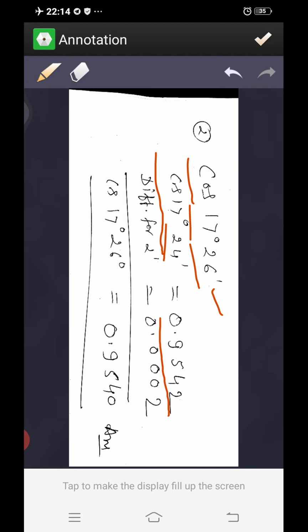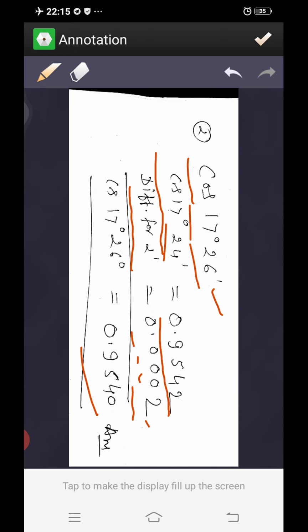Then we will see the difference for 2 minutes, that is 2, so we will write in 4 decimal places, that will be 0.0002. And in cos, when we are finding the value of cos, we will subtract this difference.